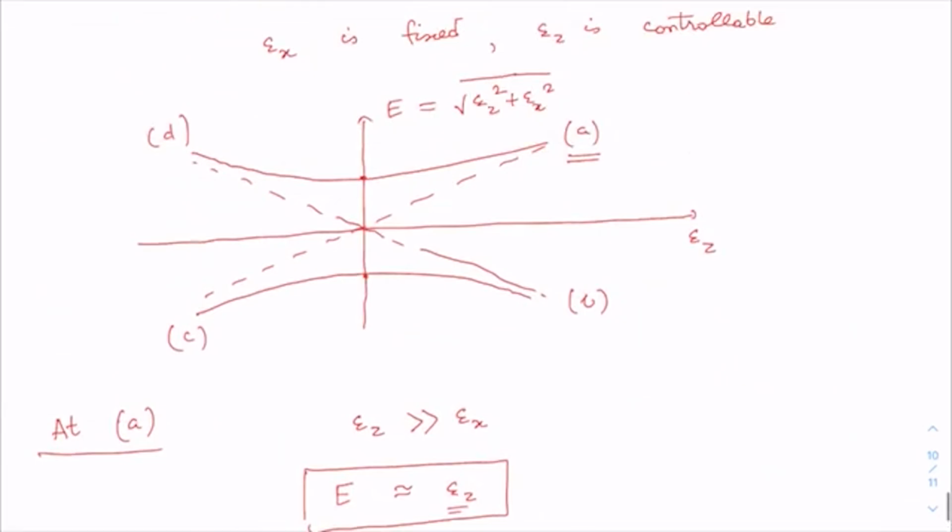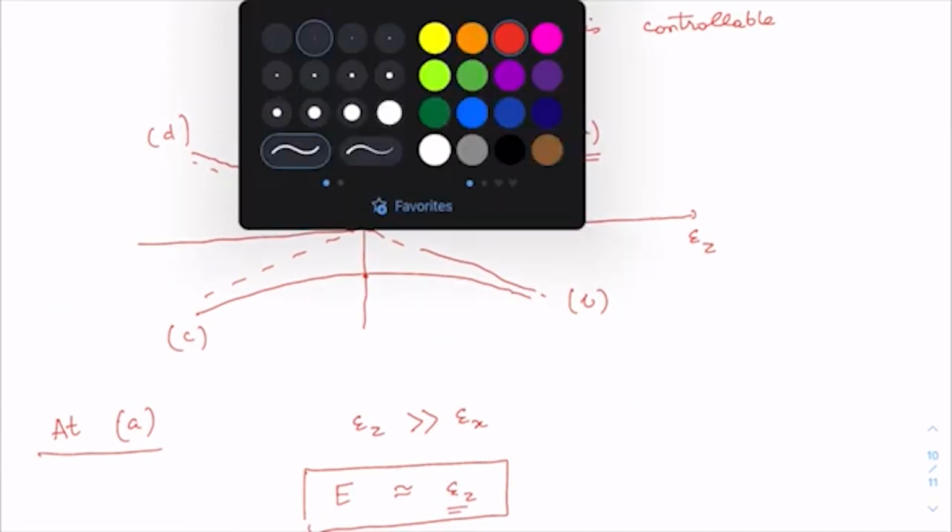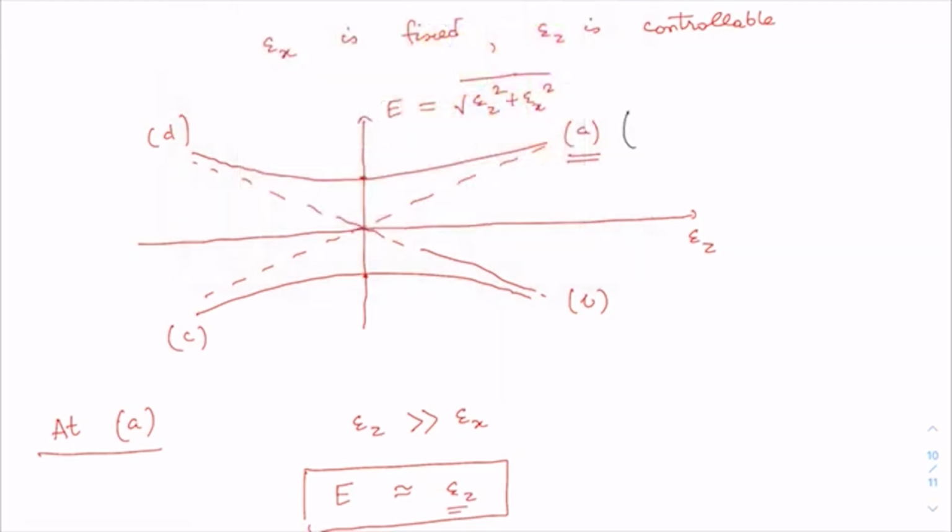So this particular point refers to the eigenvector (1, 0), and because this point C lies on the same line, it will also correspond to the eigenvector (1, 0).